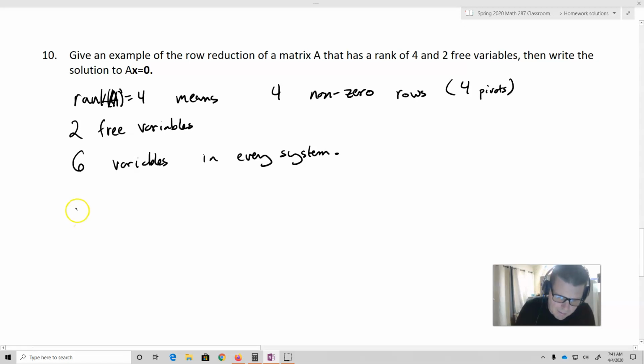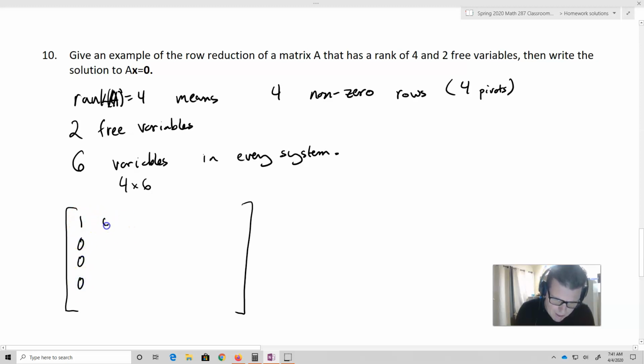So I'm going to create an example of this one. I'm going to make mine 4 by 6, because why not? So here's 1, 0, 0, 0, 0, 1, 0, 0, 0, 0, 1, 0, and then 0, 0, 0, 1, and then I'll now put my 2 free variable columns.